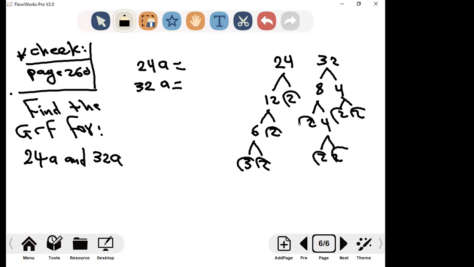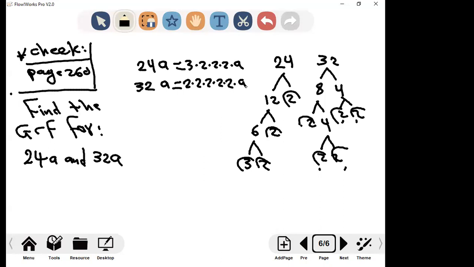Now we'll go to our monomials here. 24a is 3 by 2 by 2 by 2 by a. 32a equals 2 by 2 by 2 by 2 by 2, five twos, by a, right?